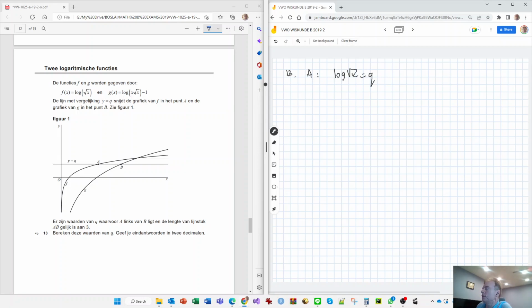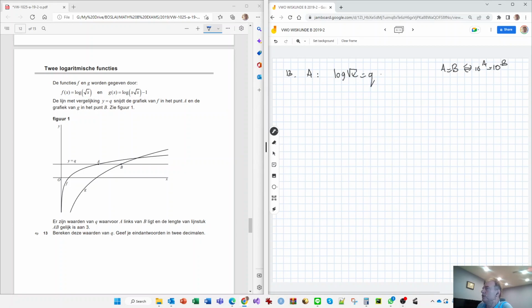Now we use, if a is equal to b, then certainly any base to the power, but certainly 10 to the power a is also 10 to the power b, and vice versa.